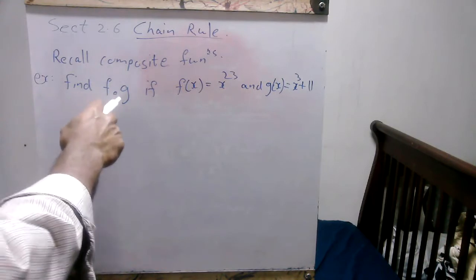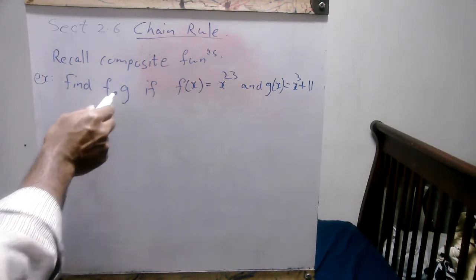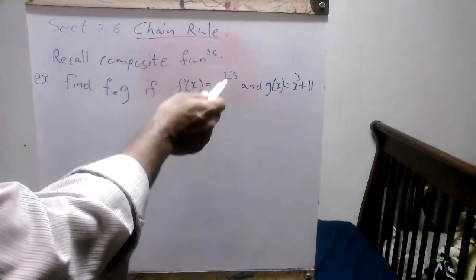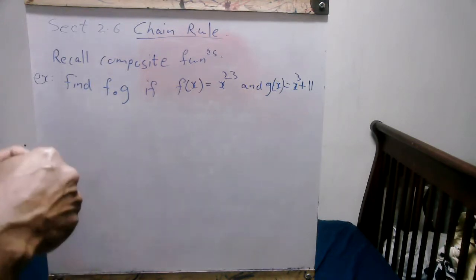Find f composite g. This is not a dot, it's a little circle. f of x equals x to the power 23 and g of x equals x cubed plus 11.